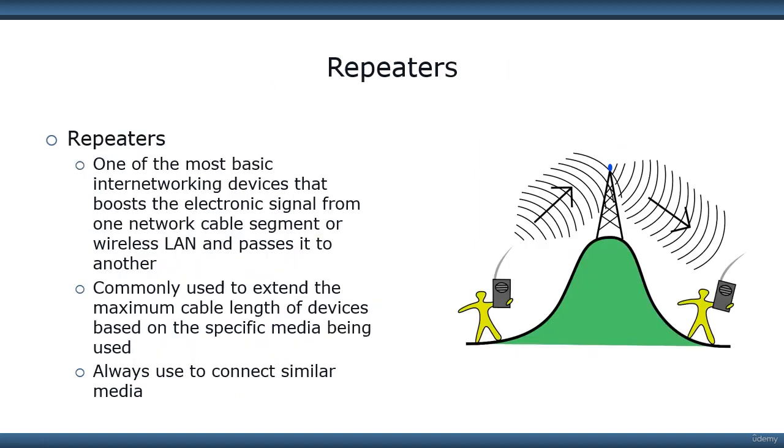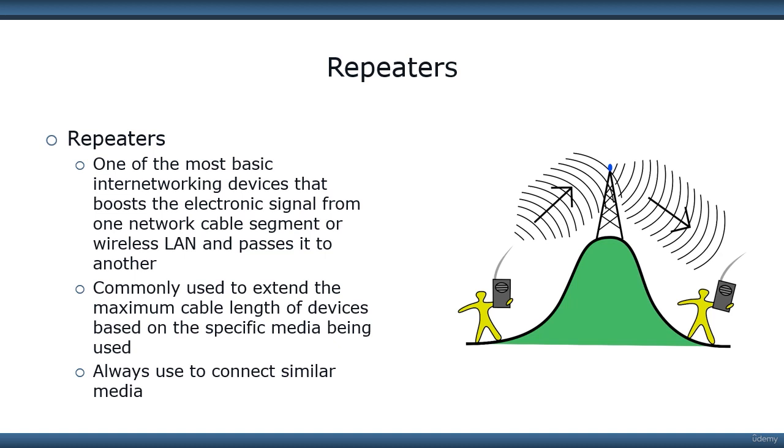One of the most basic internetworking devices is a repeater, and it simply boosts the electronic signal from one network cable segment or wireless LAN and passes it on to another. When I say cable segment or wireless LAN, those would be two different kinds of repeaters. A physical Ethernet repeater would be used to extend the maximum cable length. A physical wireless repeater would be used for the same thing.